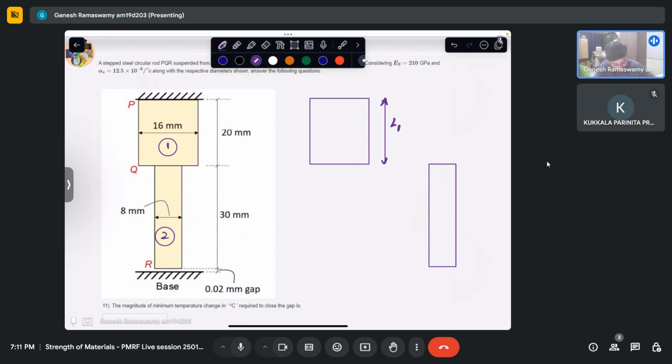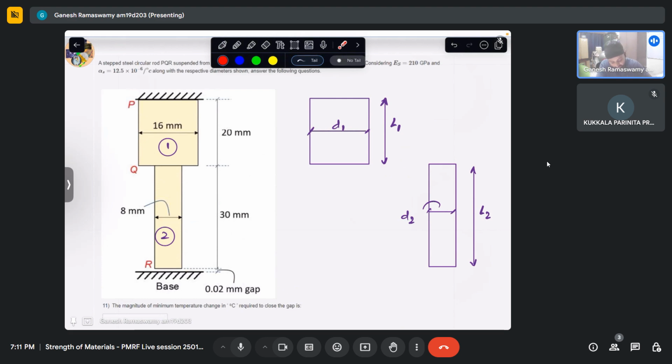So this is L1, this is L2, and this is D2, this is D1. This is P1. So this much I know. Now what has been asked is, what will be the temperature change required to close this gap?